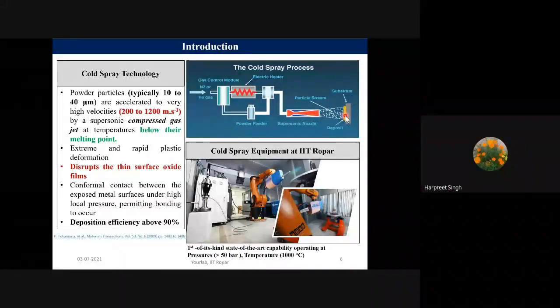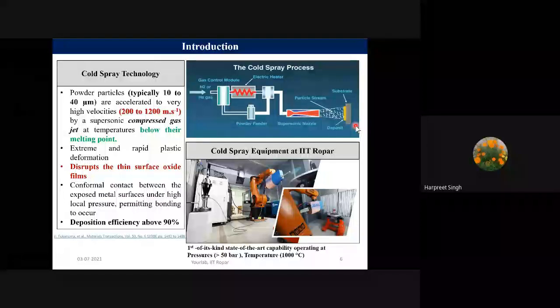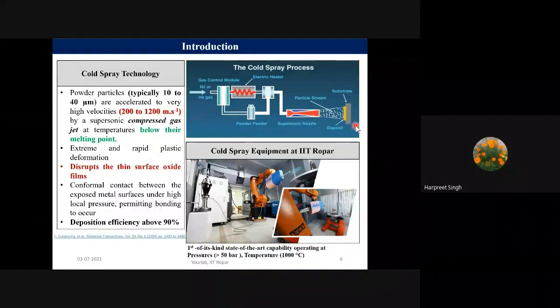And we always love solid state processes where no high temperature is involved. So cold spray is getting recognition due to this very property that it's a solid state process. Some temperature sensitive materials can be deposited very easily by a cold spray process without damaging their metallurgy.